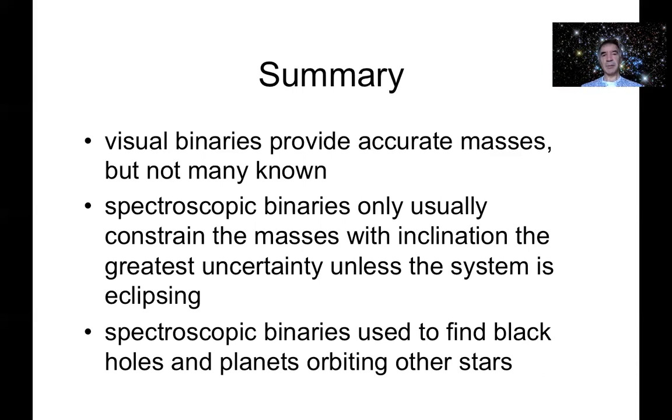It's just that the planet is much lower mass than the star, but it still does the same thing. So it's effectively still a single line spectroscopic binary, and the same formula was used to discover planets around other stars. So despite it being the most complicated formula in this module, it is probably the most useful in terms of finding amazing discoveries.